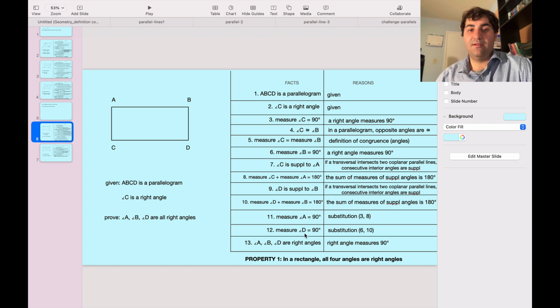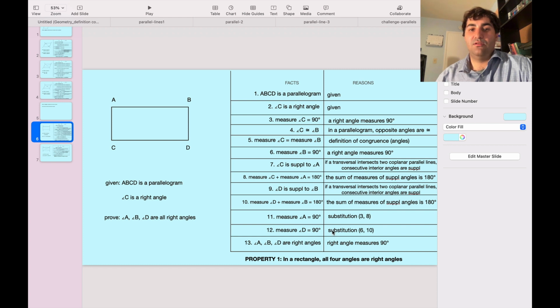In the same way, if I substitute what I have in 6, the measure of angle B is equal to 90 degrees, into statement 10 here, then I would have the measure of angle D plus 90 degrees is equal to 180 degrees. Again, you do the algebra and you get the measure of angle D is equal to 90 degrees.